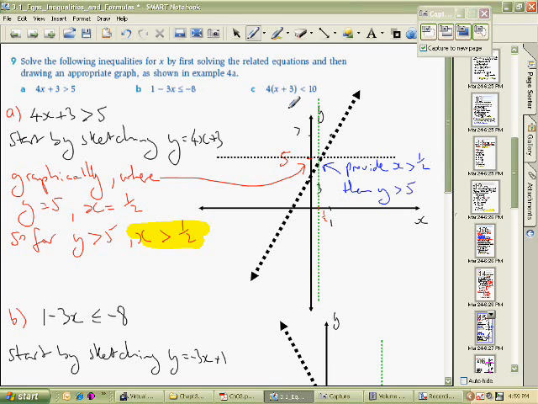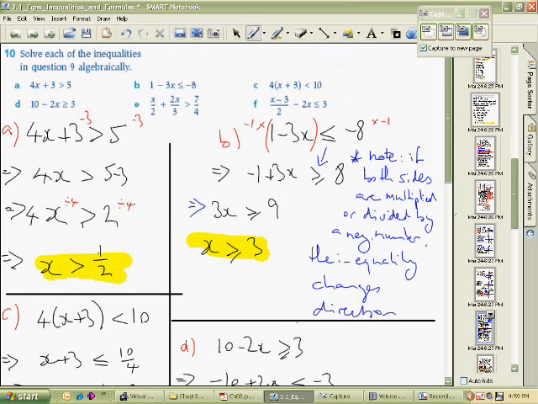Now, there's a whole bunch of these, but what we do after that is, in the next question, it asks you to do it all again except solve it algebraically. And so here, that one we just looked at in the graph is here, and so solving it, notice we treat it much the same as if it's an equal sign. There's only one little difference here that I'll show you in this one here. So again, we do the same thing.